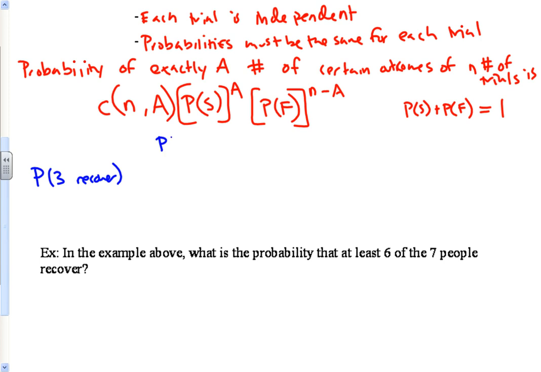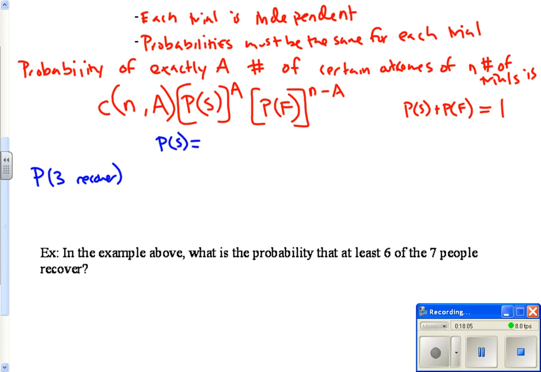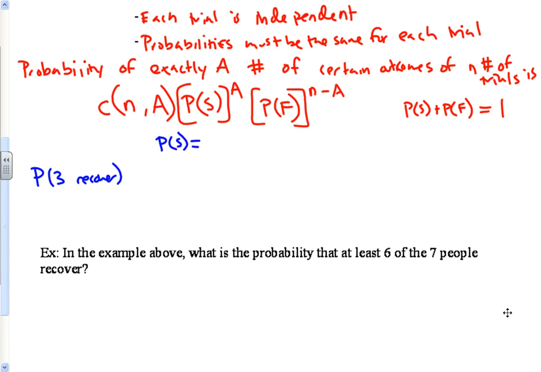Let's say the probability of recovery is 0.8, which means that the probability of remaining infected, or failure, would be 0.2, because those two have to equal 1.